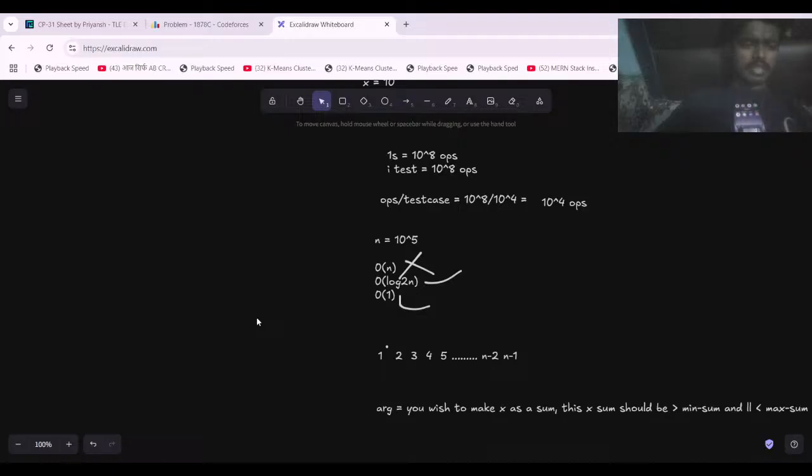Else, if x is not in this range, the answer is no. I will repeat this again. If x is within the range of min sum to max sum, then you can always create x by taking k distinct integers.